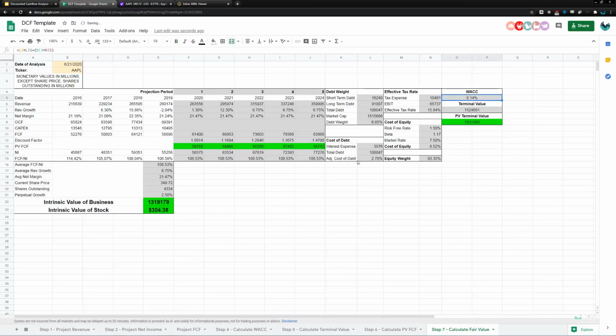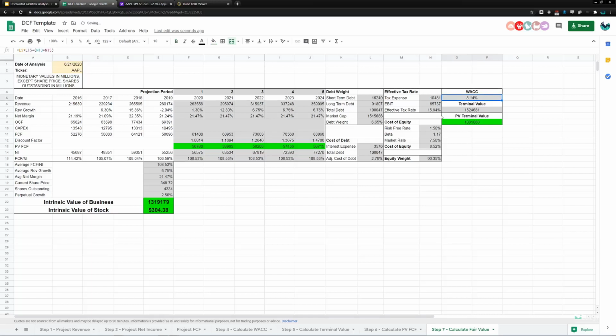Obviously, that's not realistic, right? But it just goes to show you that even adjusting this a tiny bit, even pushing this up to, let's say 8.5, really drops the intrinsic value of the stock quite a lot.